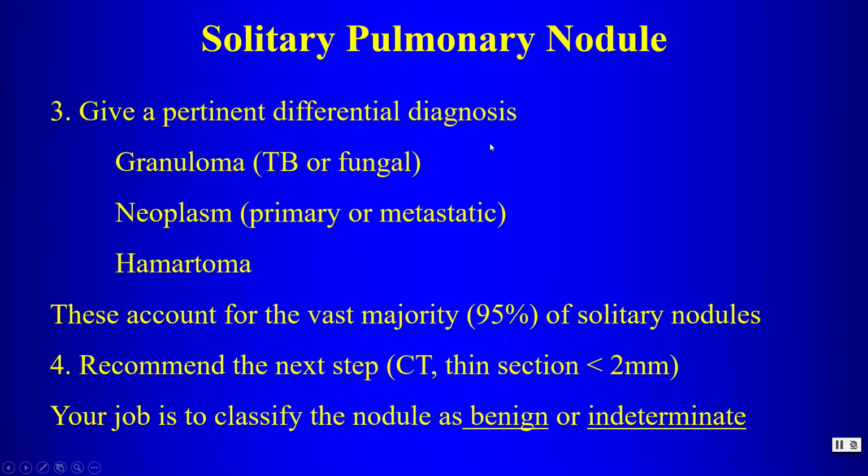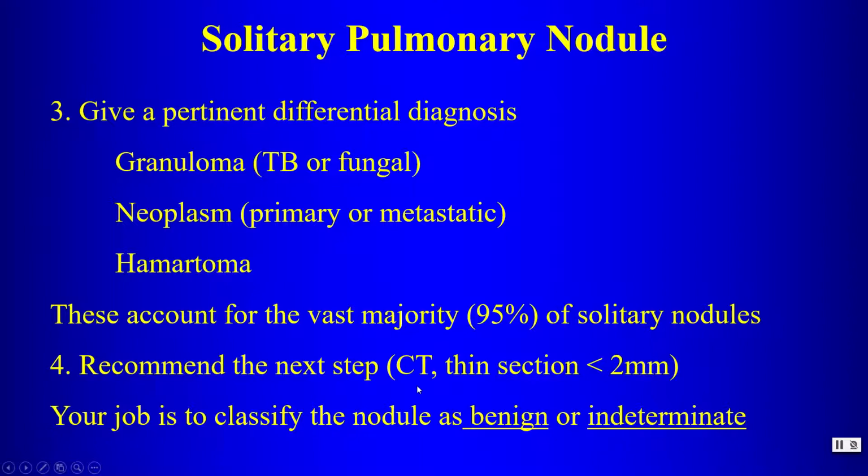Now, in terms of the differential diagnosis, granuloma, neoplasm, hamartoma, these are the three most common entities in the differential diagnosis for solitary pulmonary nodules. These will make up 95% of cases of solitary pulmonary nodules. The next step, if we don't have old films, is to do CT.